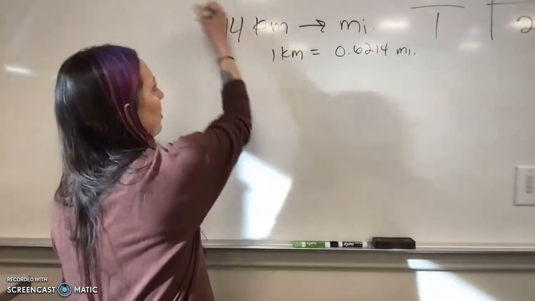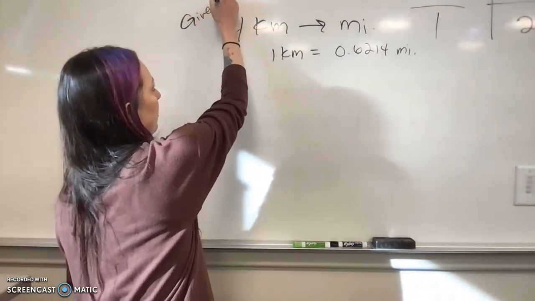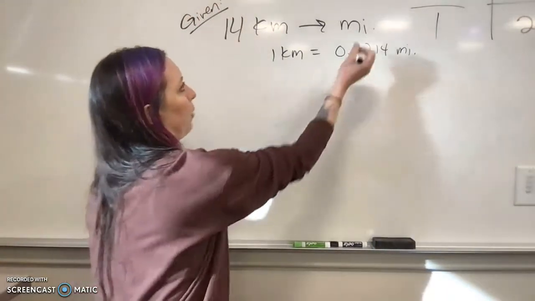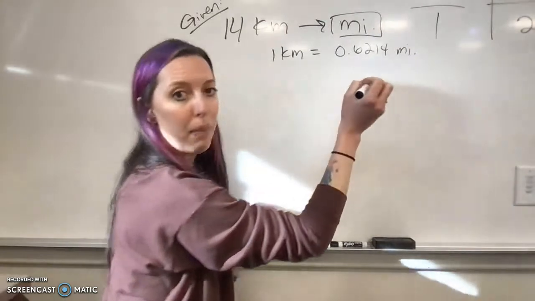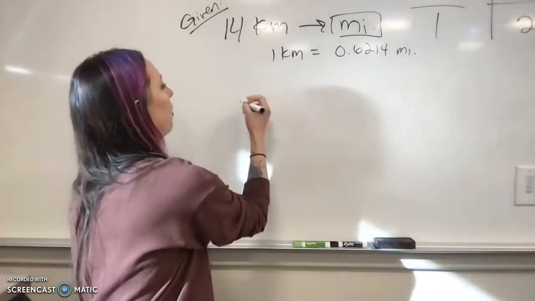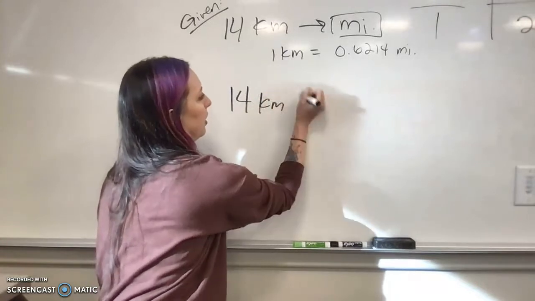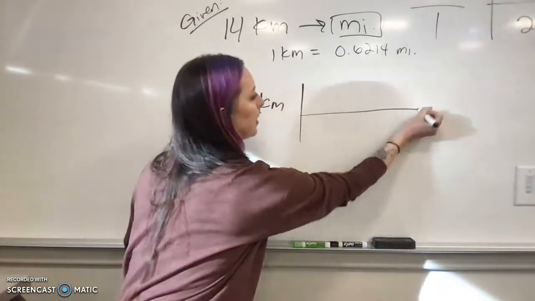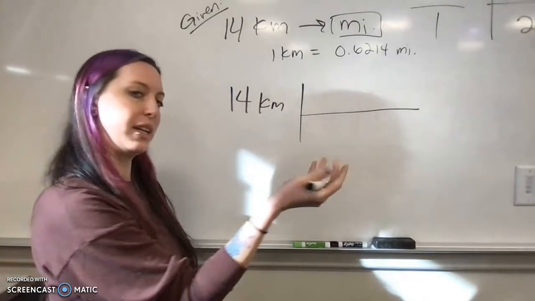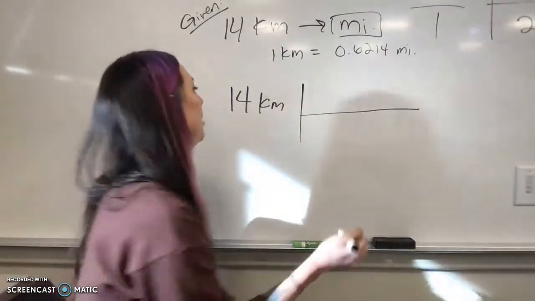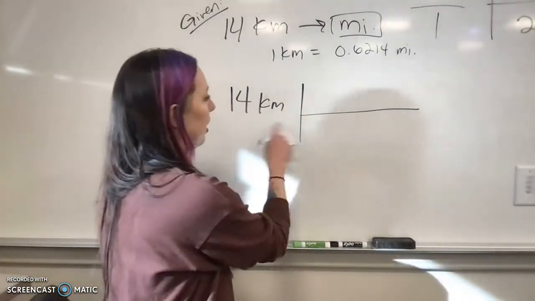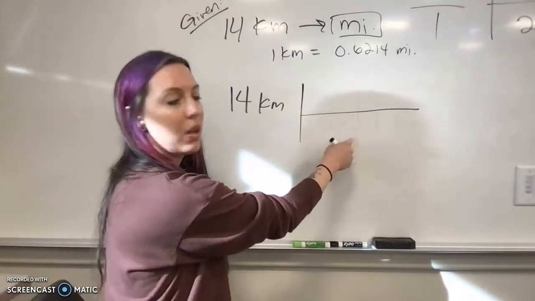So this is our given here, and I want things in miles, right? So I'm going to set up 14 kilometers and a nice little T over here. It's like a sideways T. So on the denominator side, we want kilometers down here.